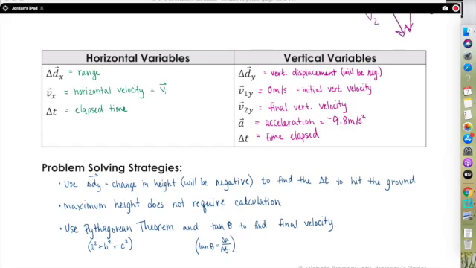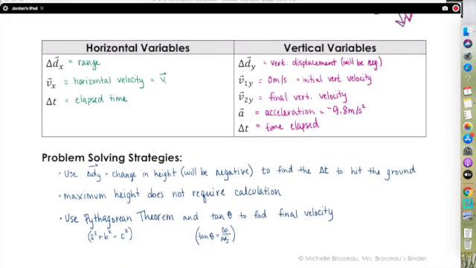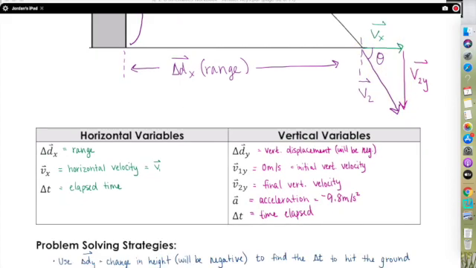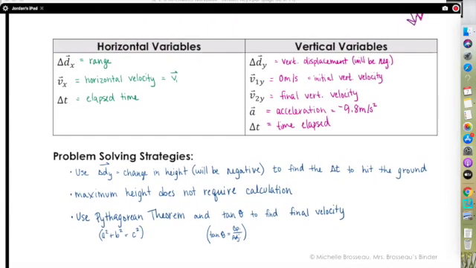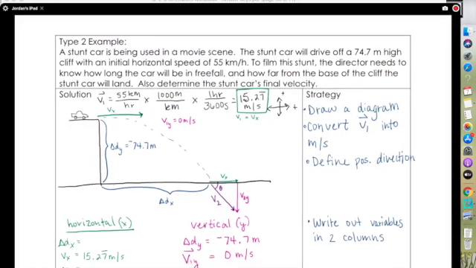And we're going to use Pythagorean theorem and tangent of theta to find final velocity. So with final velocity, we're going to be drawing in the triangle. So here we have our triangle. We're going to be drawing this in and then calculating using Pythagorean theorem and the tangent of theta to find final velocity. Okay, so moving on to the actual example problem.